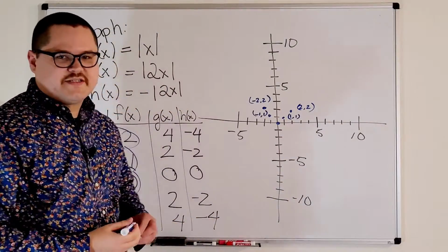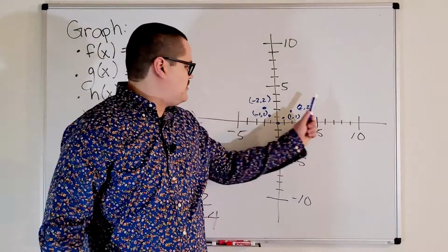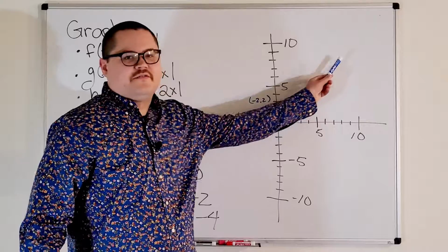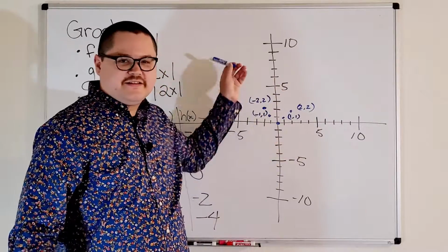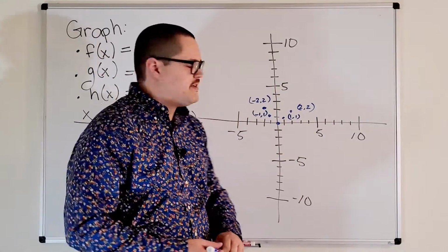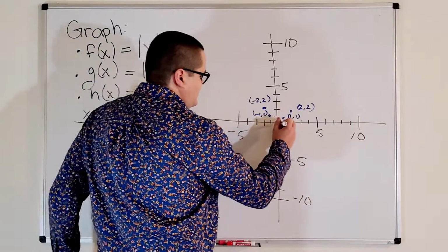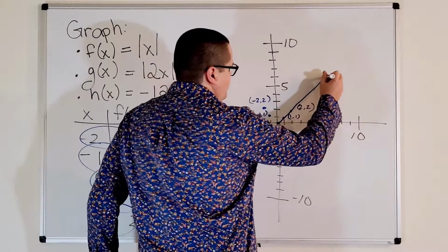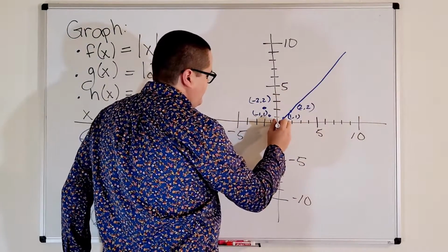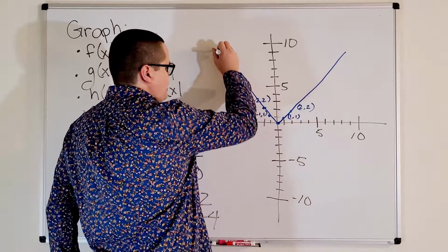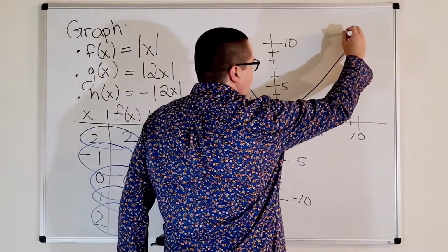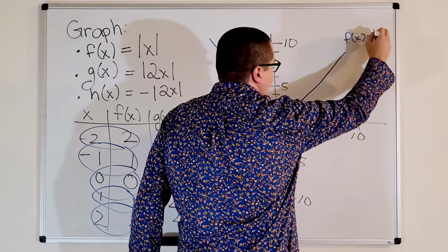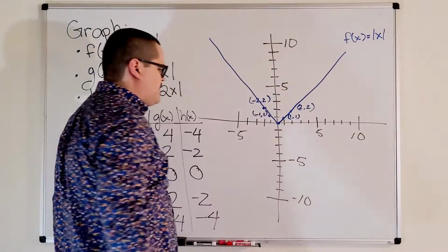So we see that this function is linear in the first quadrant and linear in the second, but in different directions. So when we connect the dots, we get a line here and a line there. And that's our absolute value function.